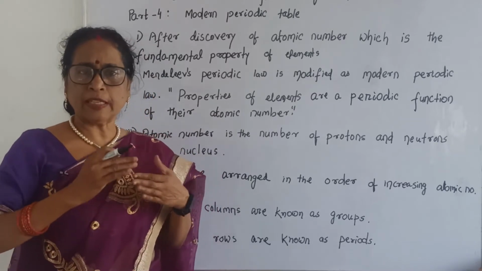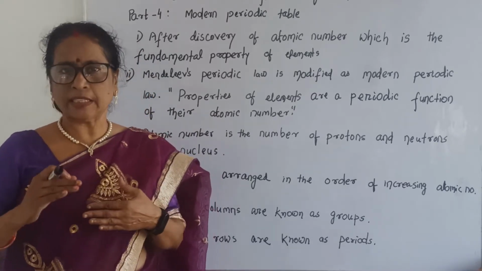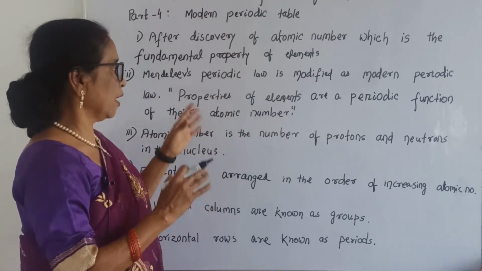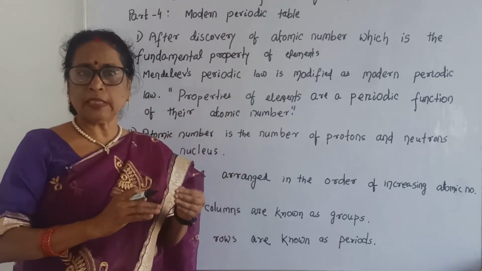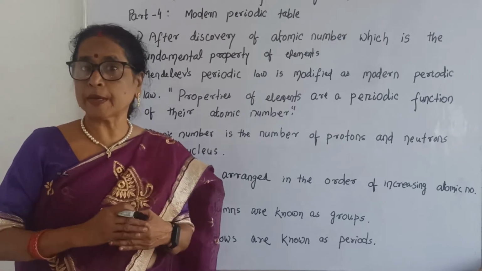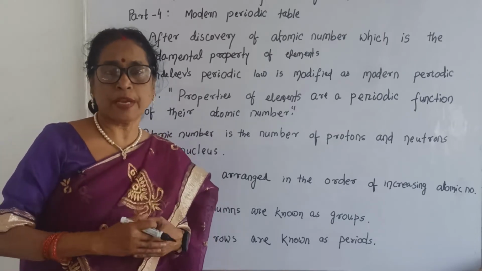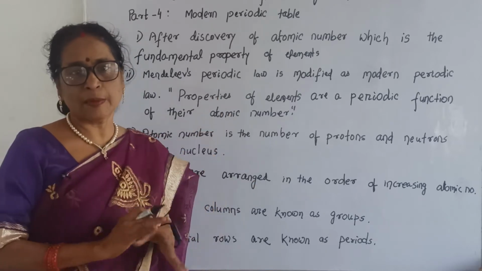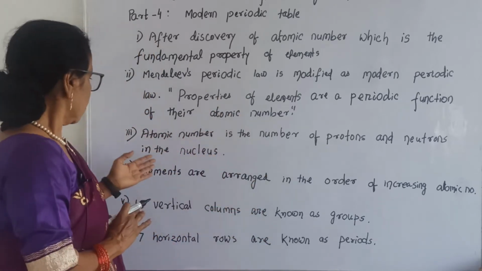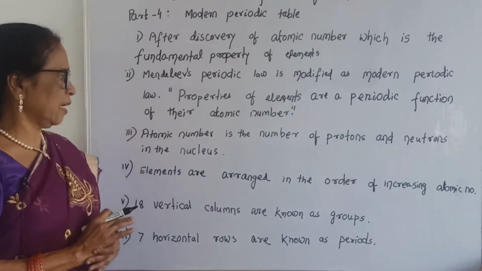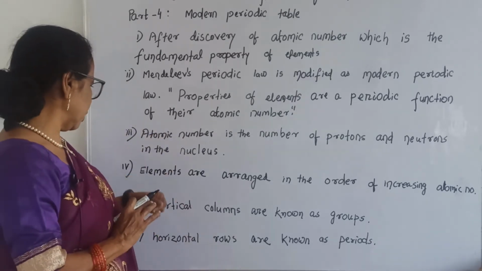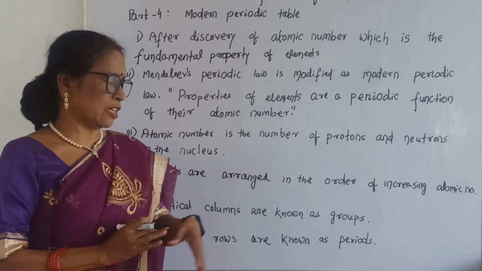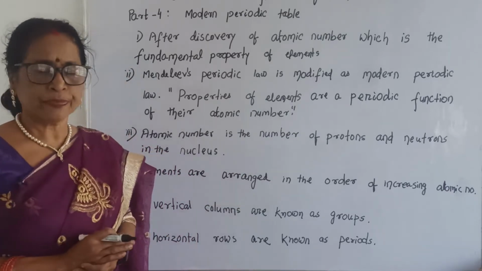That means when the atoms are arranged according to the atomic number, it is observed that the properties also follow a periodic function. Periodic function means after some elements, again the property is similar to the first. So elements are arranged according to the increasing order of atomic number.